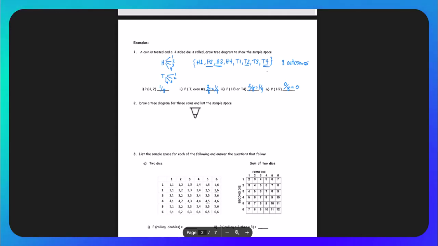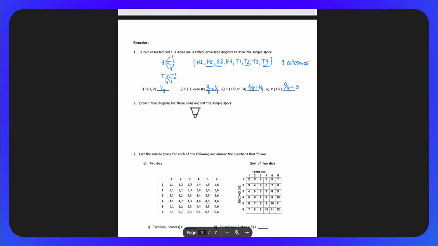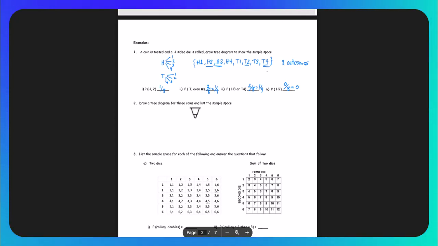Let's go on to number 2 here. It says, draw a tree diagram for 3 coins and list the sample space. Now, when we have these multiple events, we start with the first event, which is H or T. That's our 2 options. Well, we're going to toss another coin, and that one has an H or T. Well, what if it was a tail the first one?